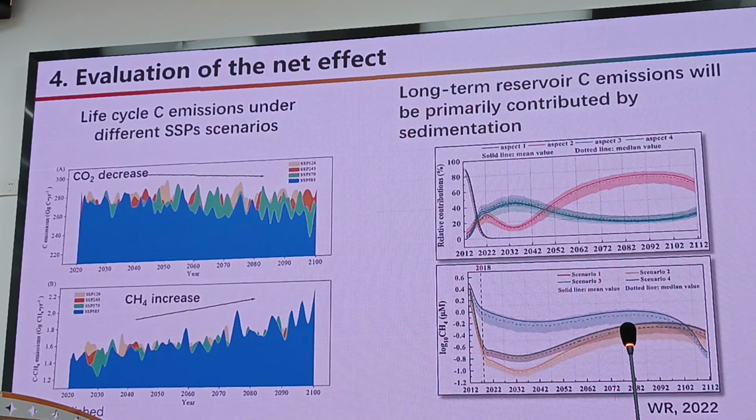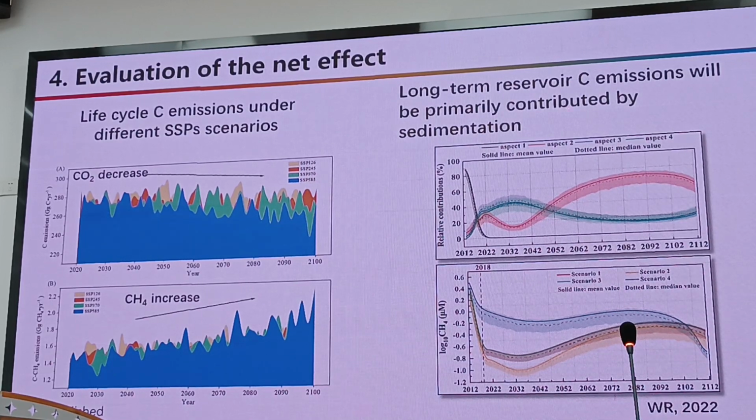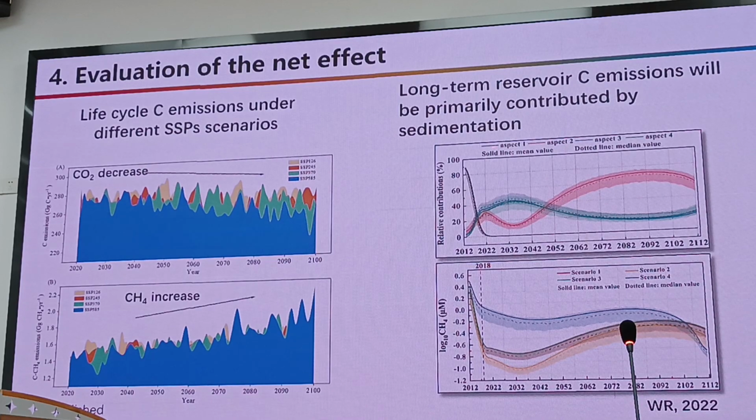Under climate change, in the different scenarios, the carbon dioxide will gradually decrease, but the methane will rapidly increase. We also set up models in which long-term carbon emission is primarily contributed by sedimentation. This is another reservoir we published in Water Research.